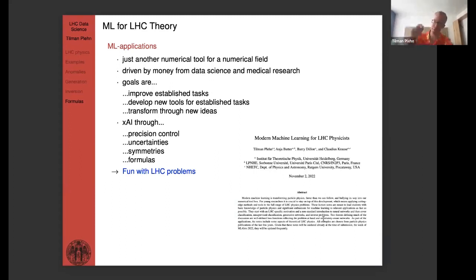What I like as a physicist is what people nowadays call explainable AI, because it's all about visualization. And explainable AI for a physicist is something very different. Explainable AI for a physicist means I want the error bars. The main thing, give me the error bar. Uncertainties, generally systematic and statistical uncertainties, just the precision, symmetries, formulas. That's the way I think of physics as explainable AI. And that's why it's so much fun to do this as a particle theorist.